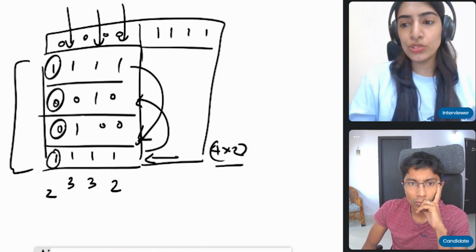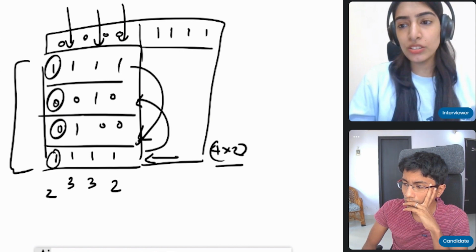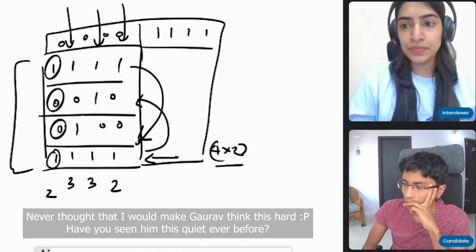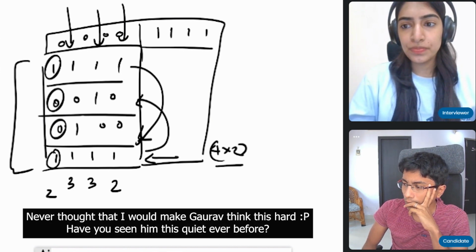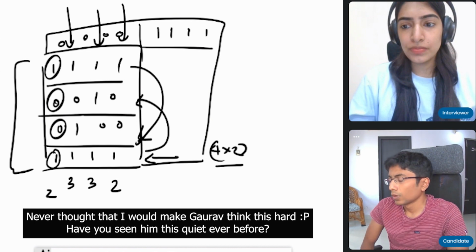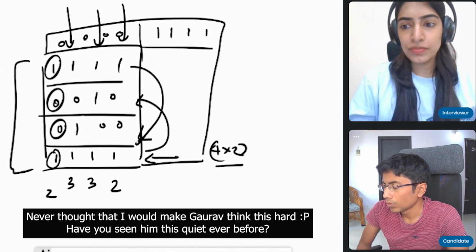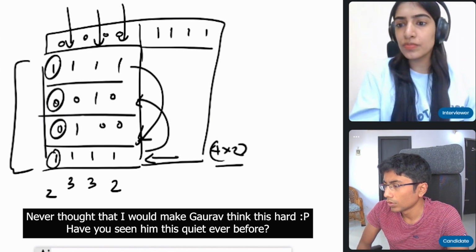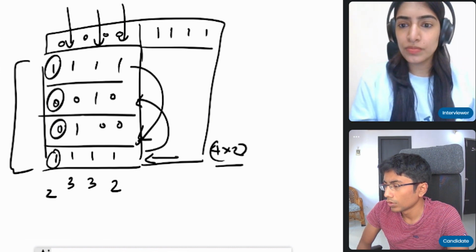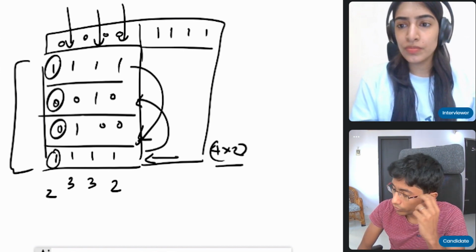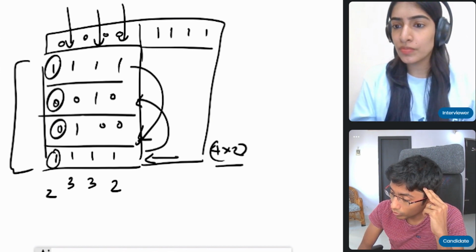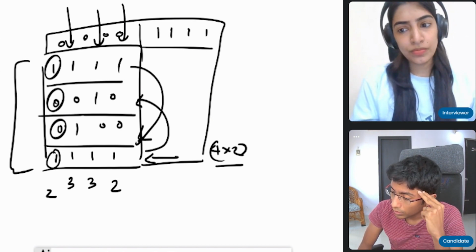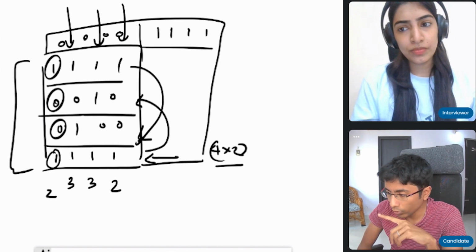Let's focus first on row swap. What is the maximum area that row swap can give us? So let us say we do row swaps, let's just start with one row swap.